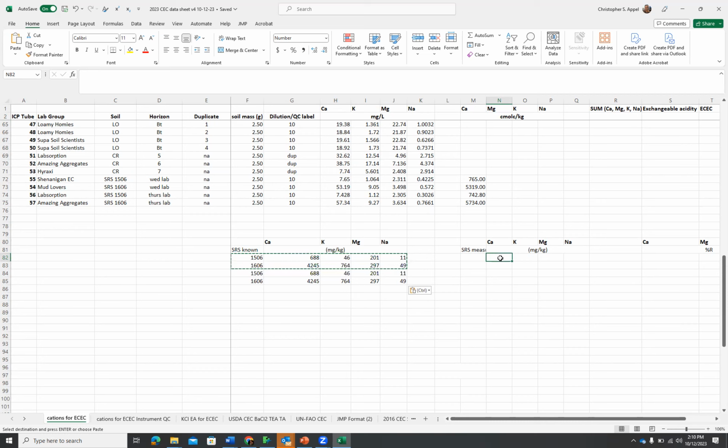Parts per million in solution, because that's what we measured, and we want to convert it to parts per million in the soil.